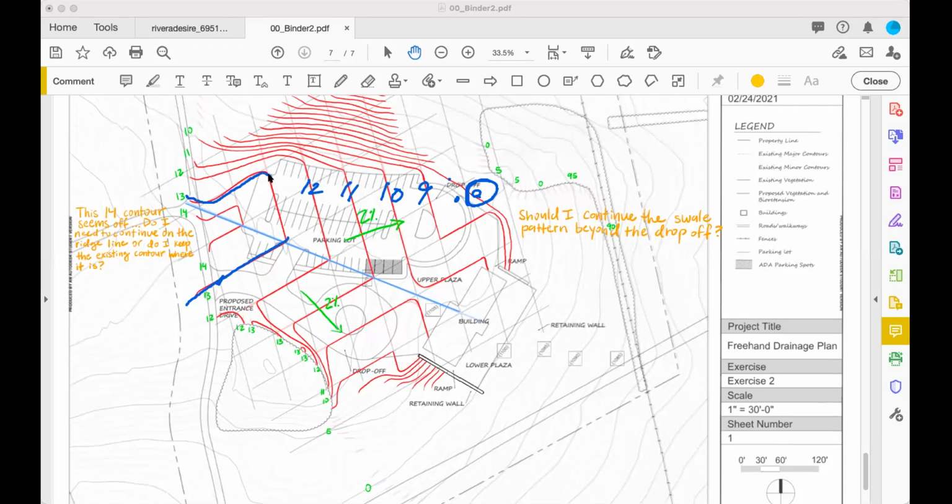Because of the road, I wasn't sure. Yeah. 14. Now, once you move that one, you can see that your 14 and 15, the area between them, will be pretty flat. Ah, wrong direction.